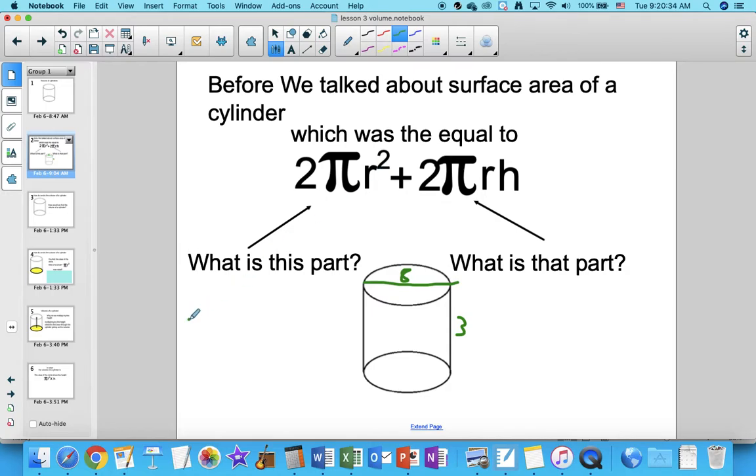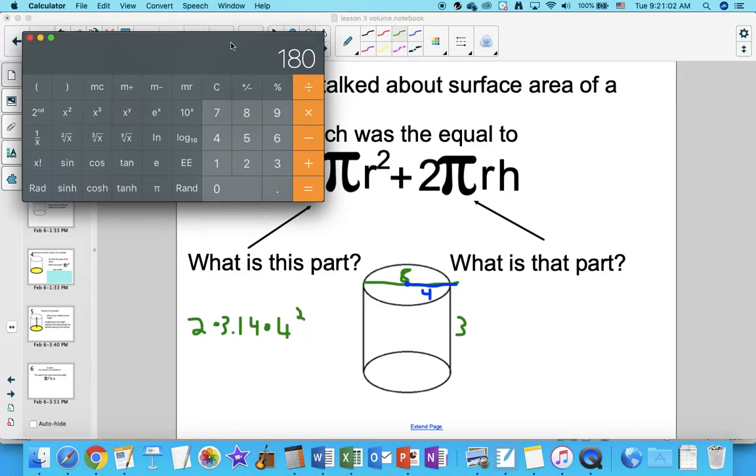So this is 2 times pi, which is 3.14, times r squared. Well, this diameter is 8, so a common mistake would be to put the 8 there, but it's diameter. We need to find the radius, which is half that, which would make the radius 4. So then it's 4 squared.